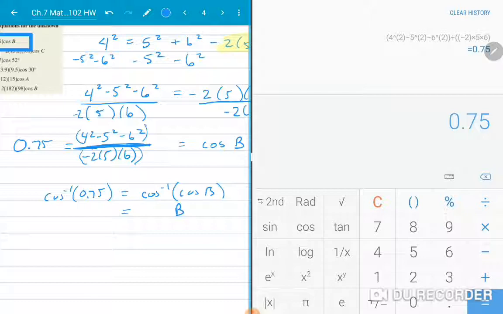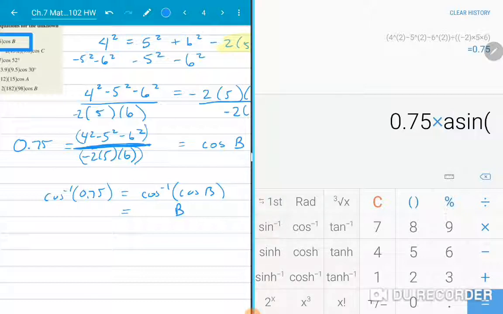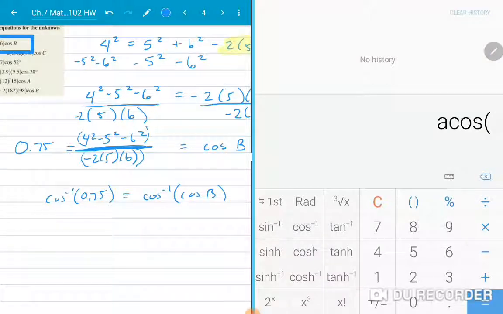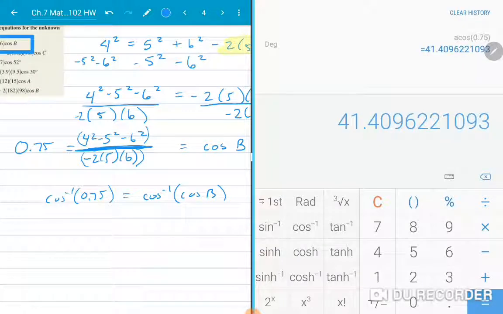That's not on the unit circle, so I will use this guy. Cosine inverse of 0.75 gives me b equal to 41.4 degrees.